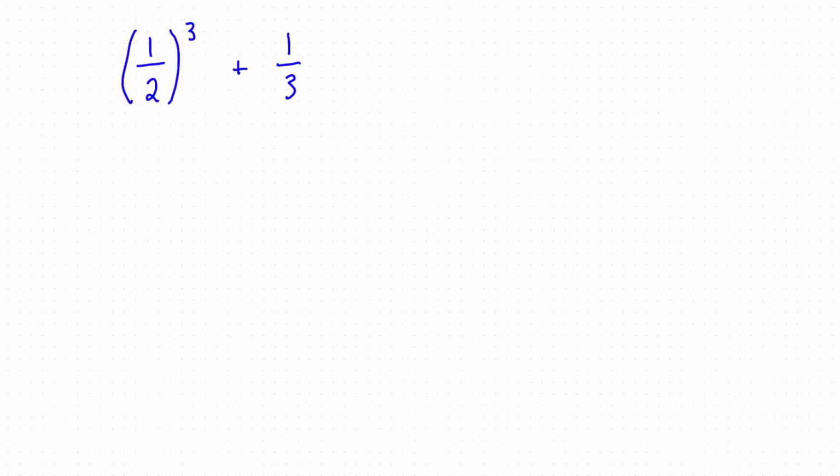So in other words, you may have to rewrite your problem out, okay, to what it's going to be. So this problem is really 1/2 times 1/2. So we have to take 1/2 times itself 3 times, times 1/2, okay, and then plus 1/3. Okay, so that's our actual problem that we're going to be working out.